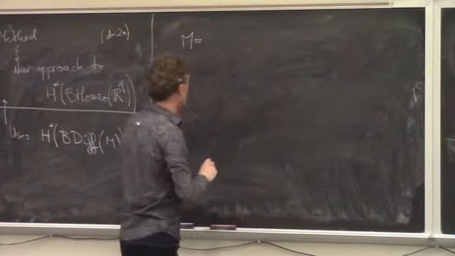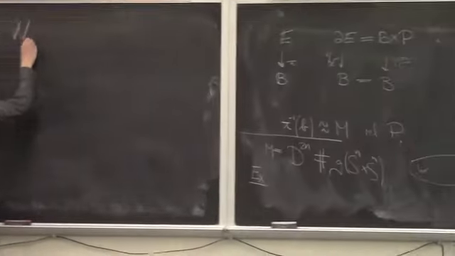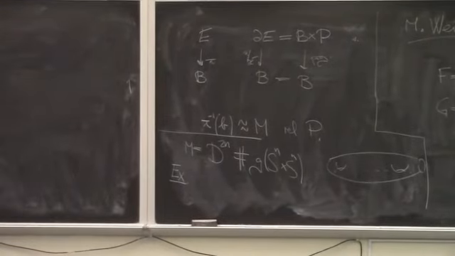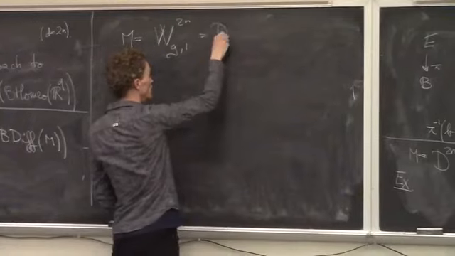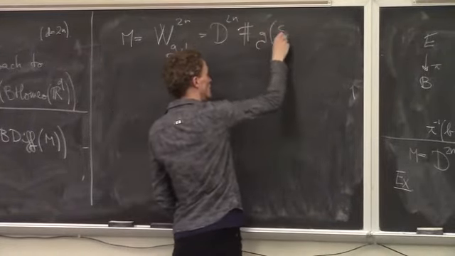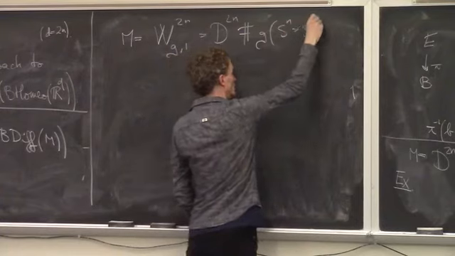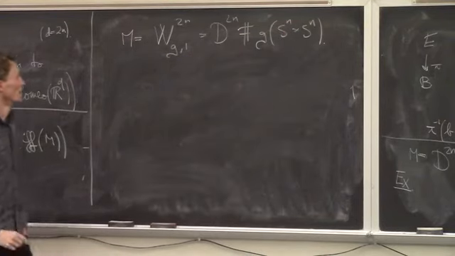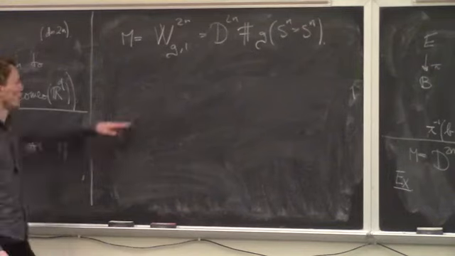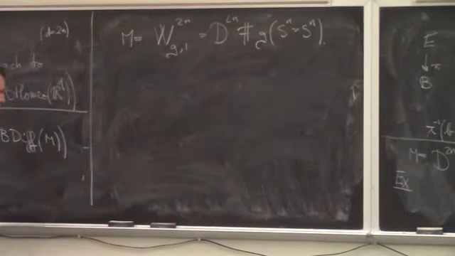So I'm going to give it a name, W_{g,1}^{2n}. So it's like a genus g surface with one boundary component. So that's what it actually is if n is 1.